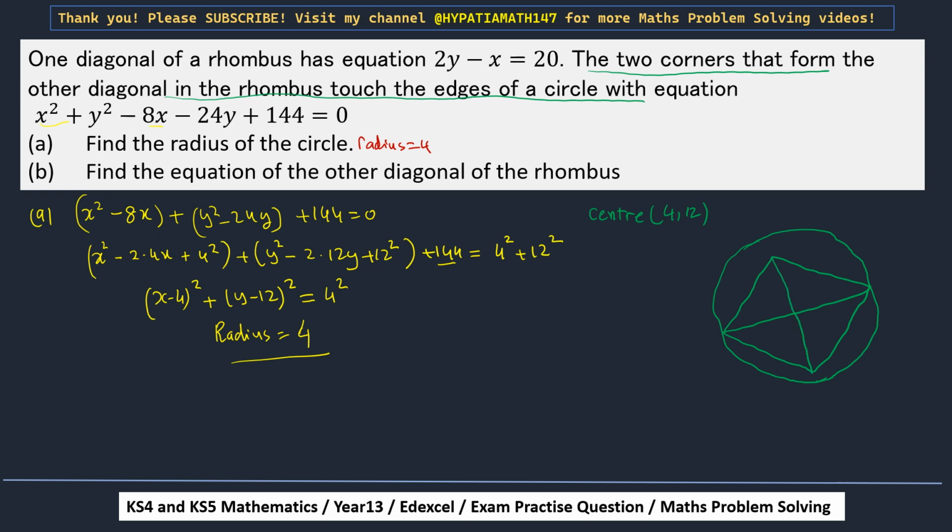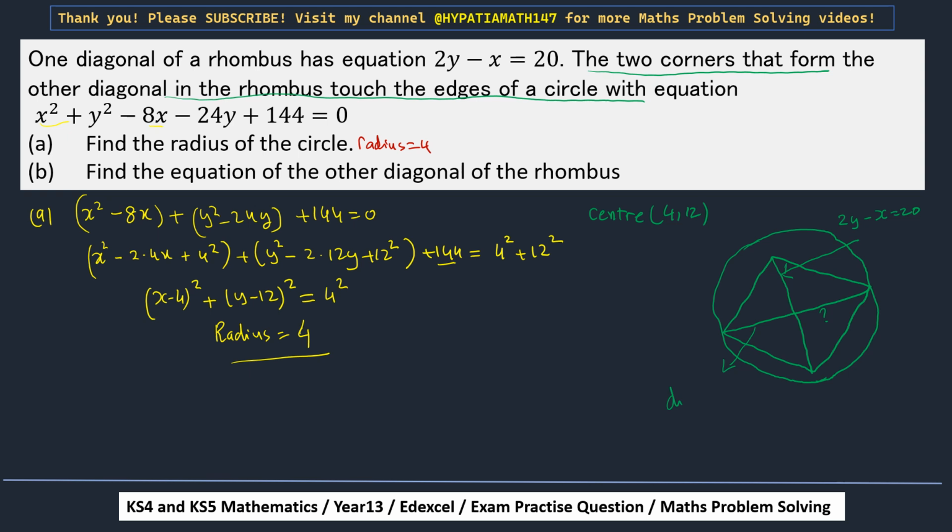So that's the 4 sides of the rhombus, and that's the diagonal, and that's the other diagonal. So I assumed that this diagonal has the equation 2y minus x equals 20, and the other one is what we need to find. Because the other diagonal is touching the two sides of the circle, I have assumed that this line is the diameter.